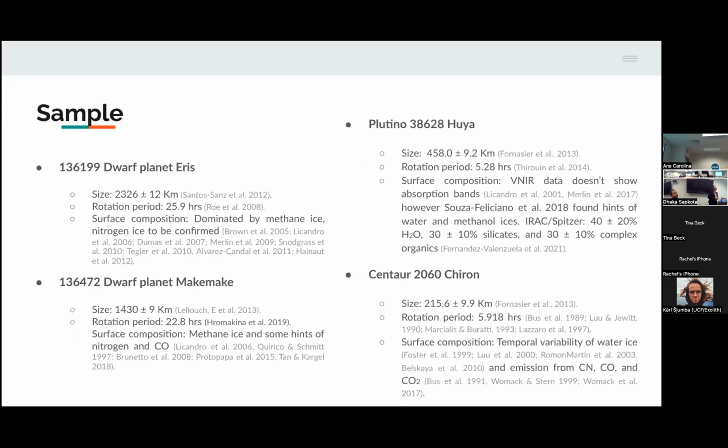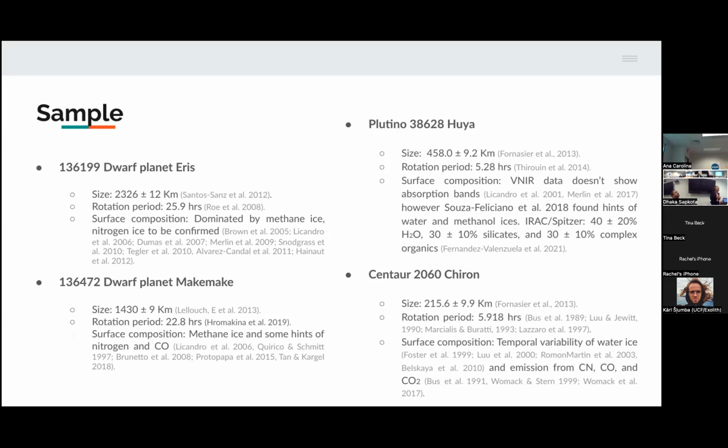My sample was very diversified too, with two dwarf planets, Eris and Makemake. They are known for being dominated by signatures of methane, but due to the shift of the center position of the methane absorption bands, we suppose that there is nitrogen there too. Then we have the Plutino Uya.